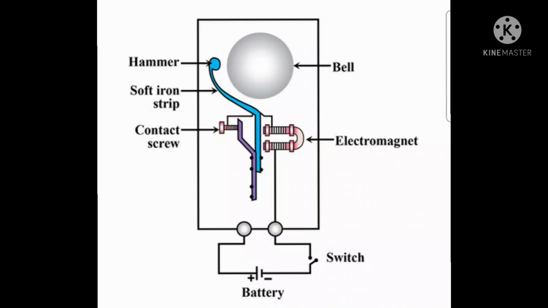Then the coil becomes an electromagnet and behaves like a magnet. This electromagnet attracts the soft iron strip. At that time, the hammer strikes the bell, and we hear the sound. So electric bell works on the principle of magnetic effect of electric current.